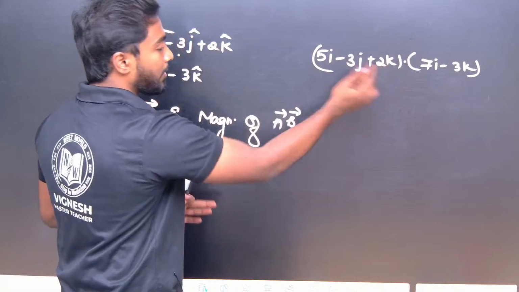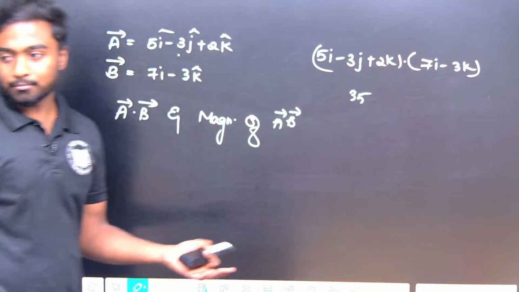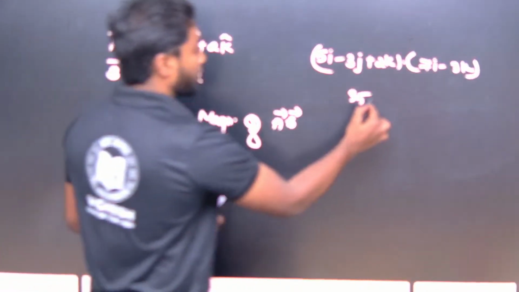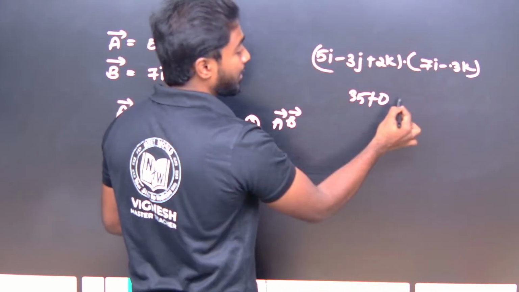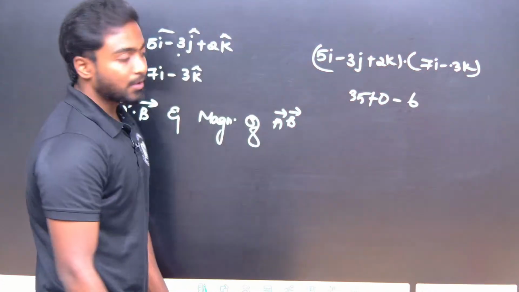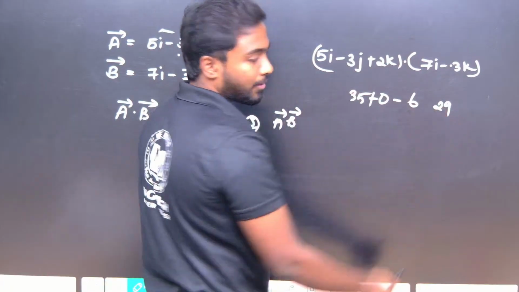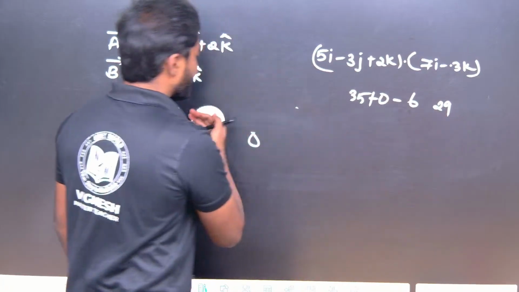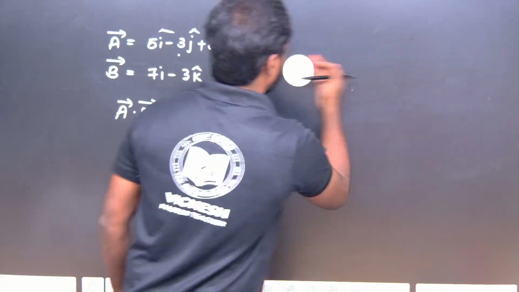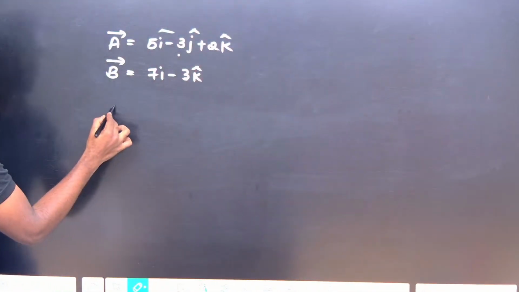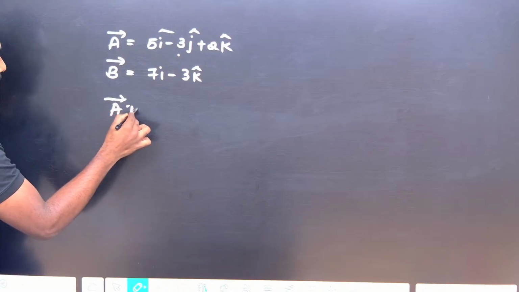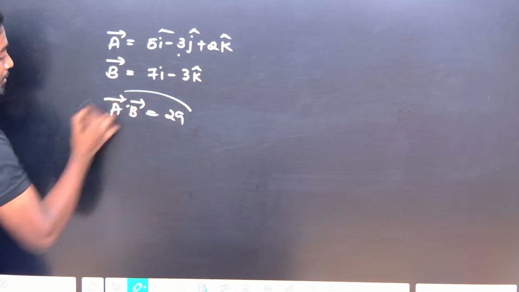So 3 into 0 is 0 only, no? Yeah. So plus 0, 2 into minus 3 is minus 6. So the answer is 29, no? That's it. So A dot B will be equal to 29. That's it.